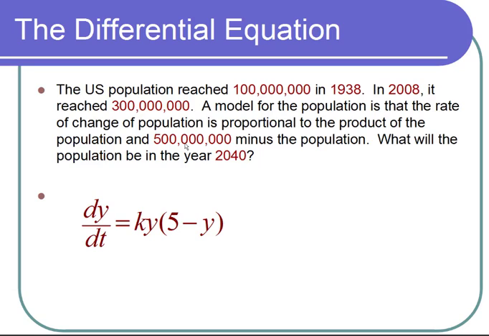To make it a little easier, I'm going to write everything in hundreds of millions. So 500 million corresponds to 5, and I get 5 minus y. Notice, by the way, 500 million is a carrying capacity. When y hits 5, then dy/dt is 0, and the population stops growing.